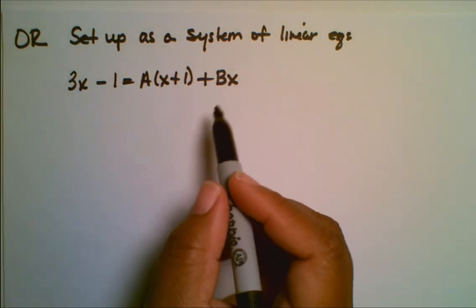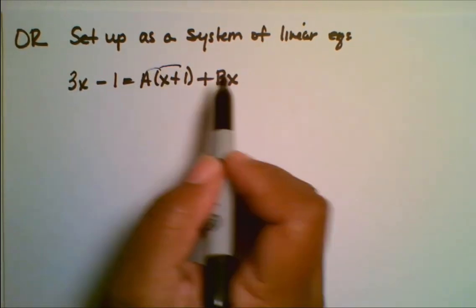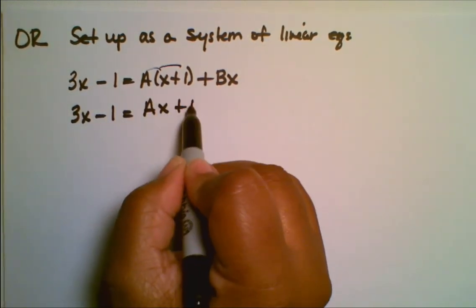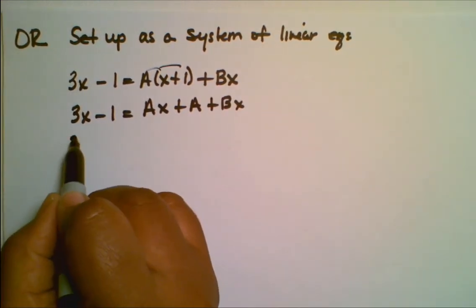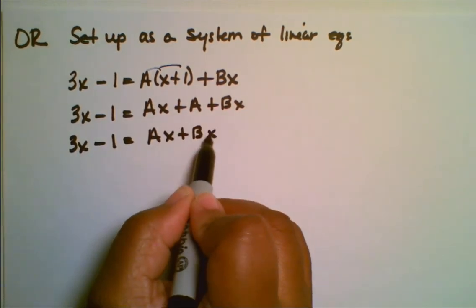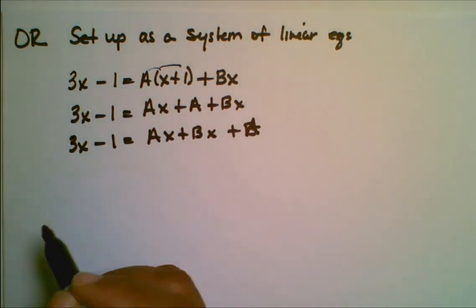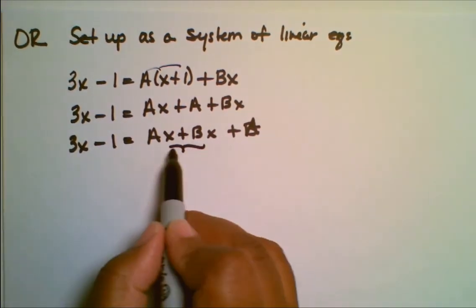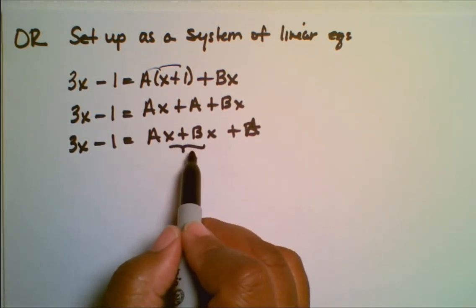So first of all, let's expand this, meaning distribute the a. We have 3x minus 1 is equal to ax plus a plus bx. Let's combine our terms. We have 3x minus 1 is equal to ax plus bx plus a. Excuse me, that's an a. So here I want us to factor out the x, because I want us to just focus on the x term.